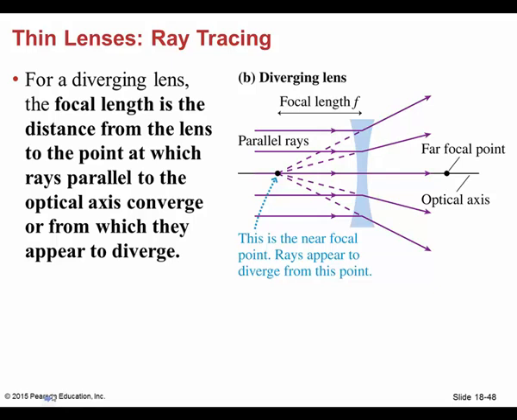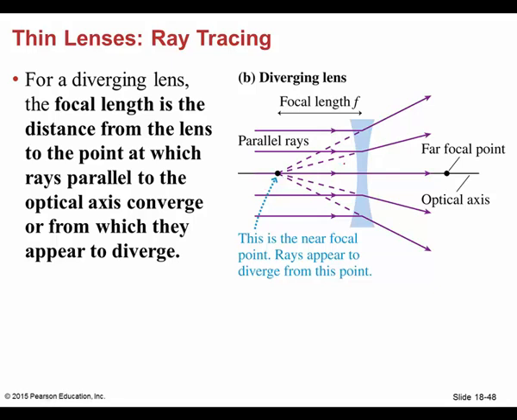Okay, let's go ahead and look at diverging lenses. What about diverging lenses? Well, you have focal points here, but they're called far focal points. And believe it or not, you can have a focal point on both sides of the lens.